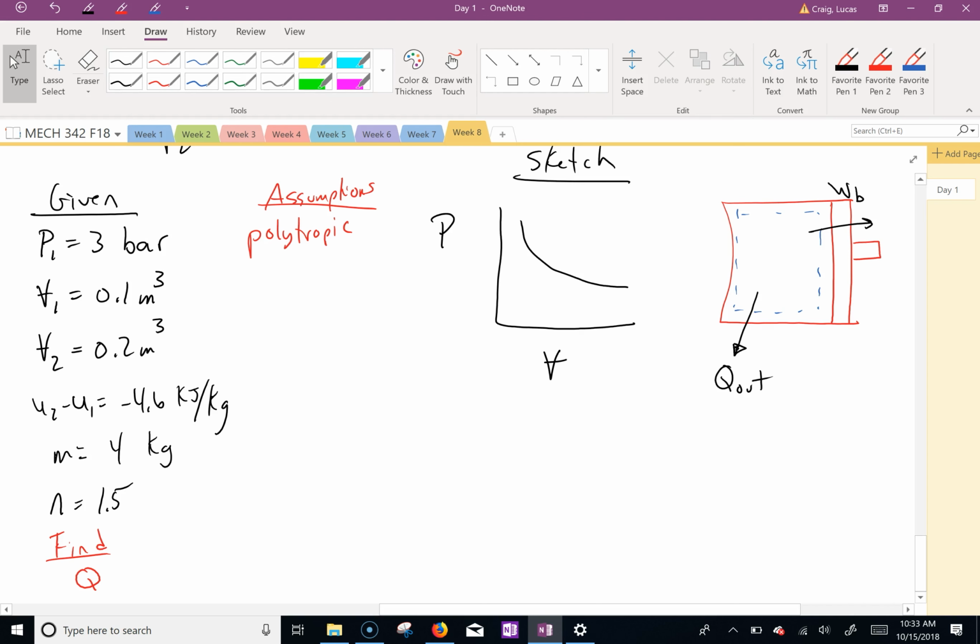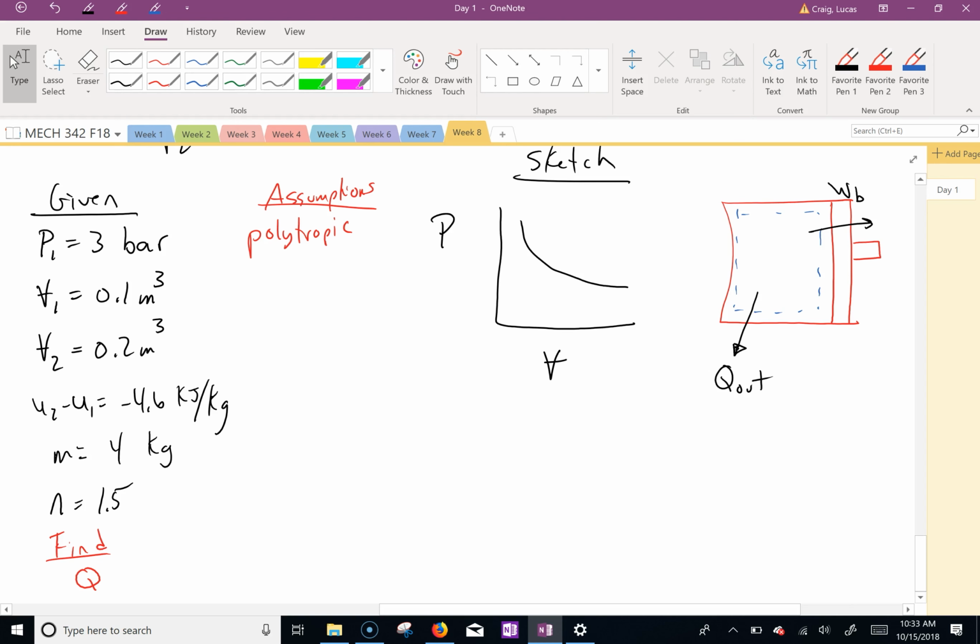Okay. And we want to find the amount of Q. So U2 minus U1 is negative, which kind of states that U1 has higher or lower energy than U2? Higher. Okay. All right. So U1 is higher.